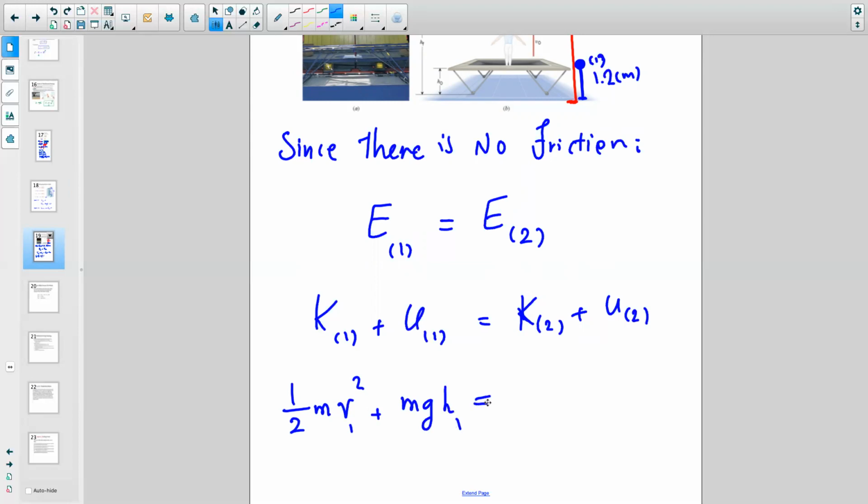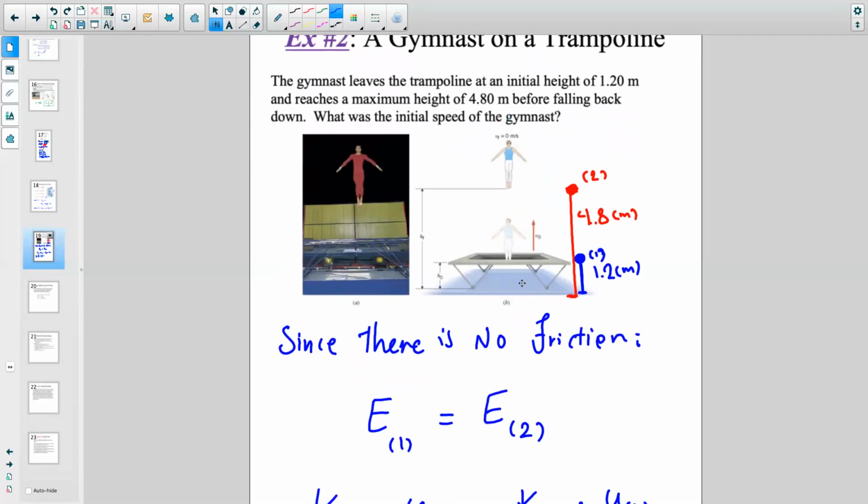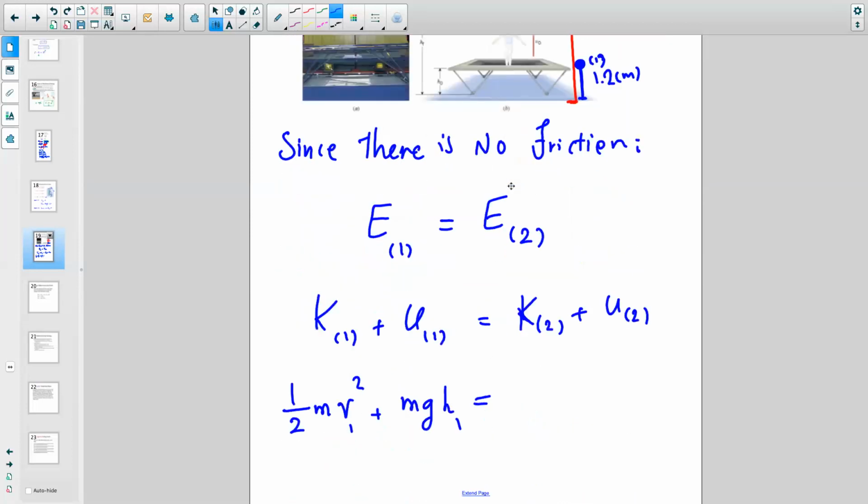On point 2, once he's going all the way up, he will stop at some point. So the velocity at that point is 0 because he's just stopped. He's not going any further up. So this is 0, but you have potential, so m g h2.